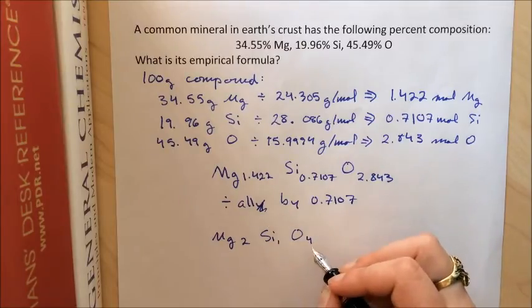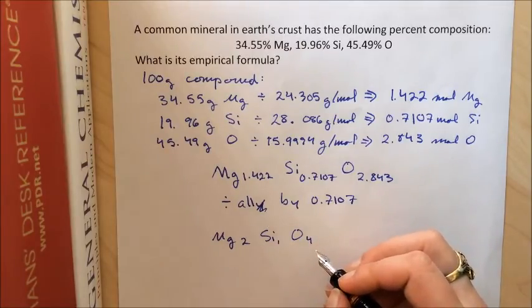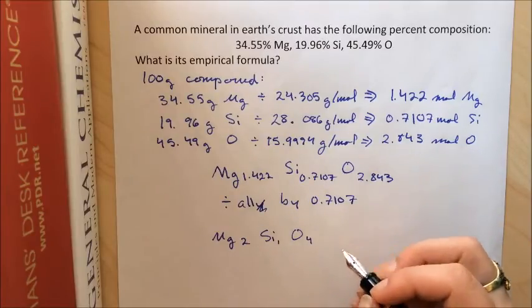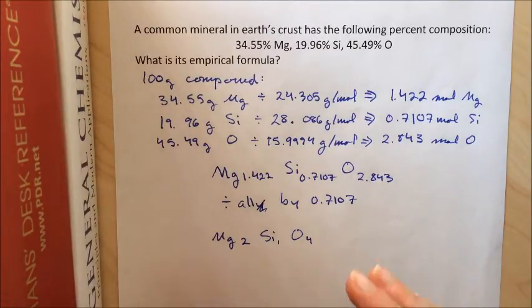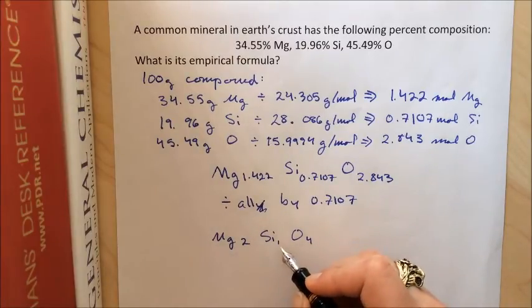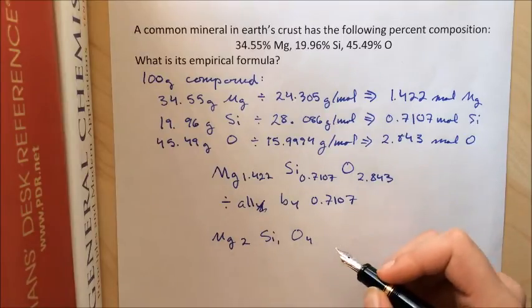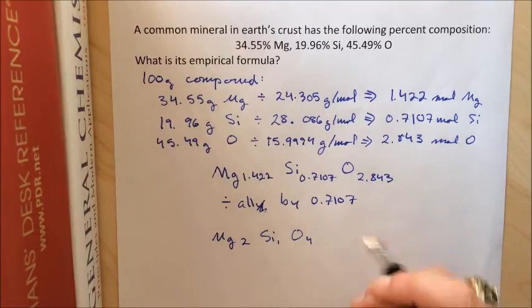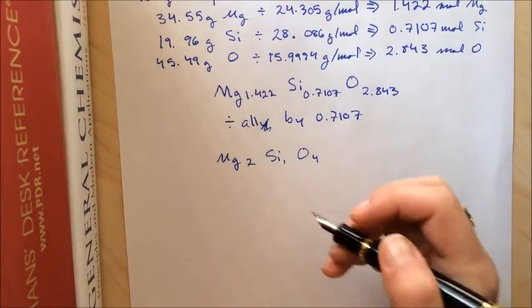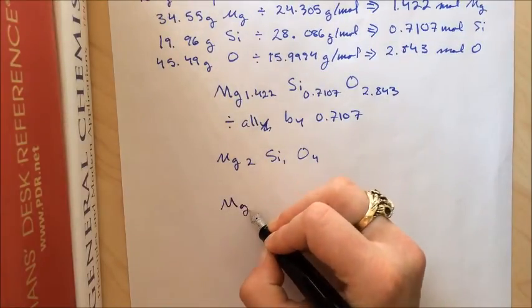We're in all whole numbers now, so that's a good thing. We need to now check to make sure that this is the lowest value for each of these atoms possible. Now, since we have only one silicon, we can't go any lower than that. Therefore, this is our lowest combination of numbers, and this is the official empirical formula. We'll write it out correctly.